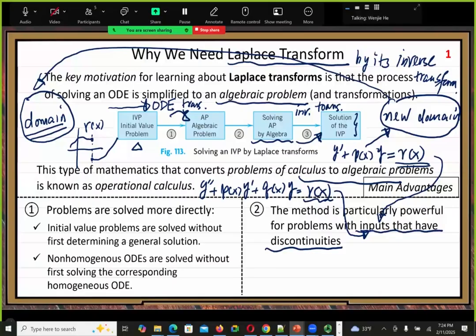You can see our old method is a little hard. But don't worry, with a discontinuity you can still take an integral, but when you work it becomes much harder. So that's another important advantage of this method.